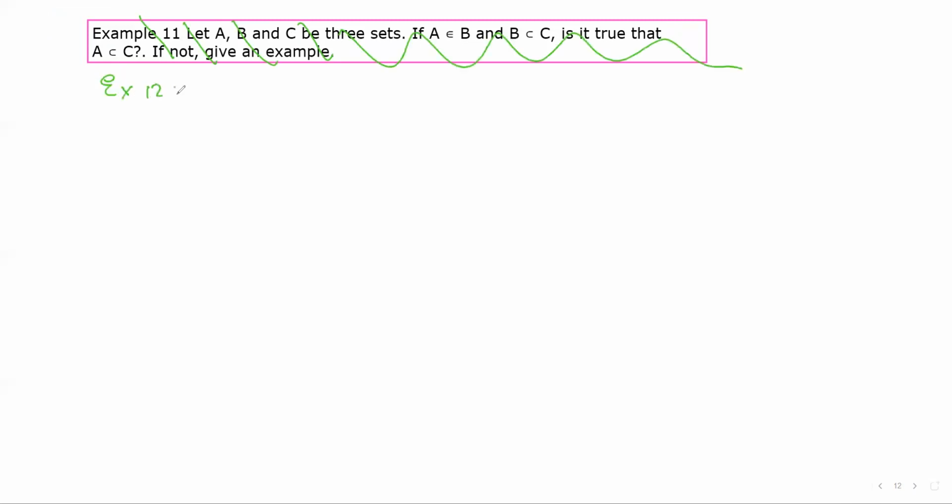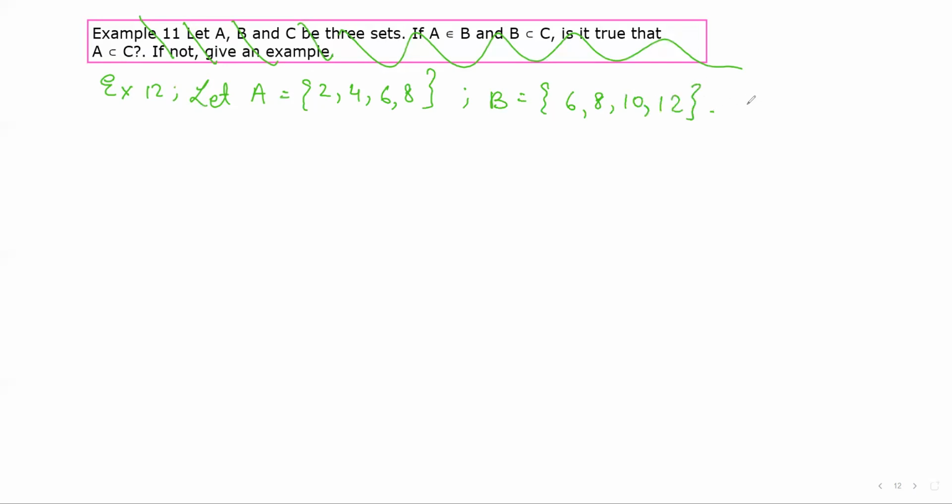Example 12 states: let A equal {2, 4, 6, 8} and B equal {6, 8, 10, 12}.